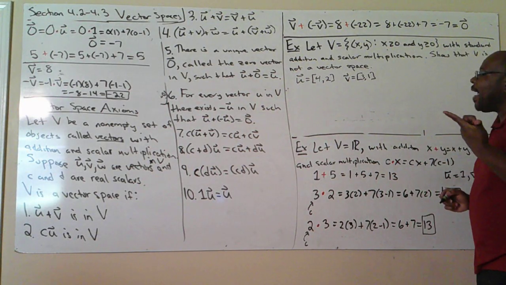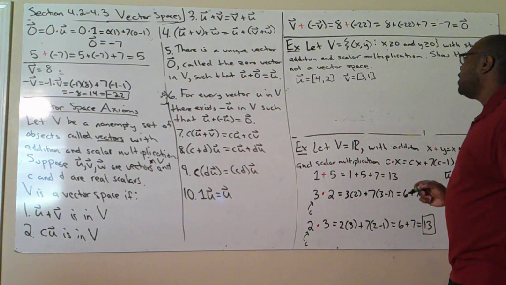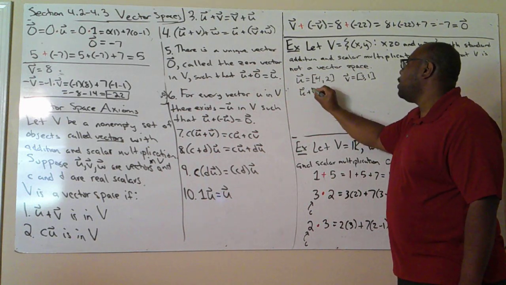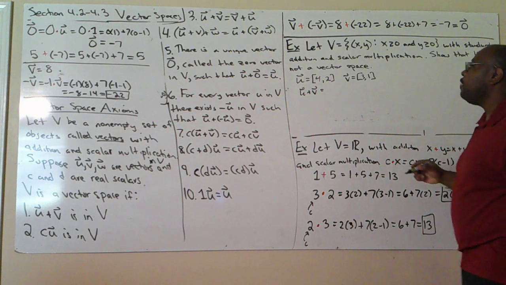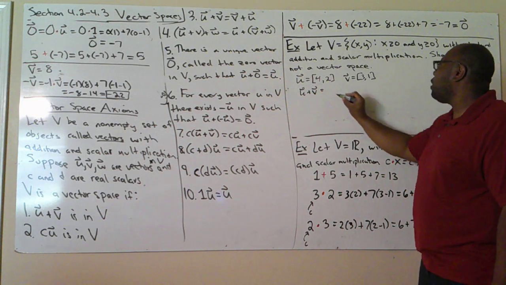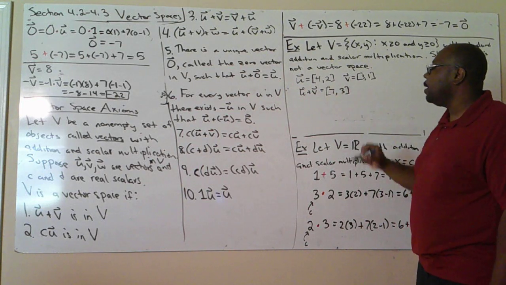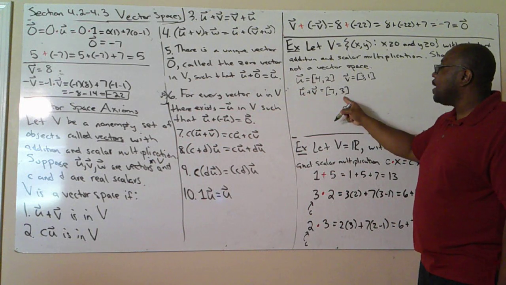What happens when I add these two vectors together, that satisfy this condition? Do I end up with a vector whose x and y values are greater than or equal to 0? Since this is standard addition and scalar multiplication, I can just do what I have normally done. So I get 7, 3. 7 is not negative. 3 is not negative.